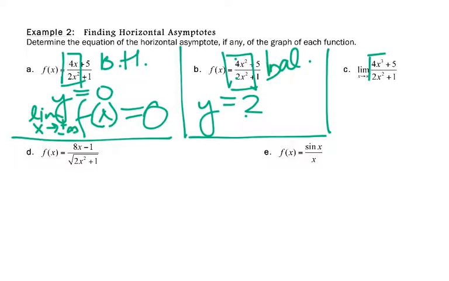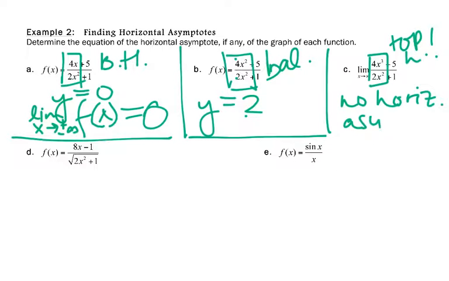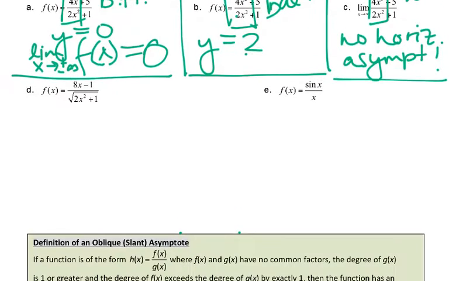Alright, looking at C, this is top-heavy. That means there is no horizontal asymptote. Instead, it's going to have an oblique or slant asymptote. We will need to learn long division of polynomials in order to do that, though. So for now, we're just going to say there's no horizontal asymptote and leave it at that.